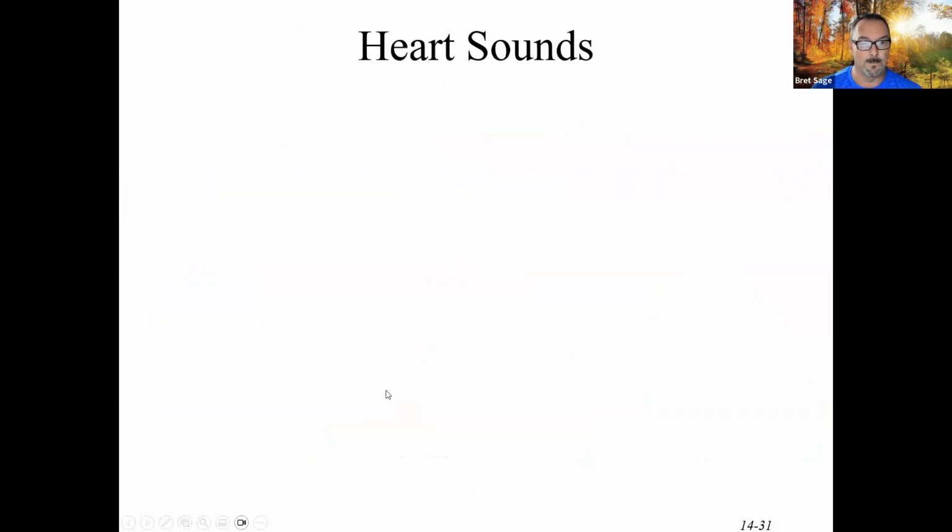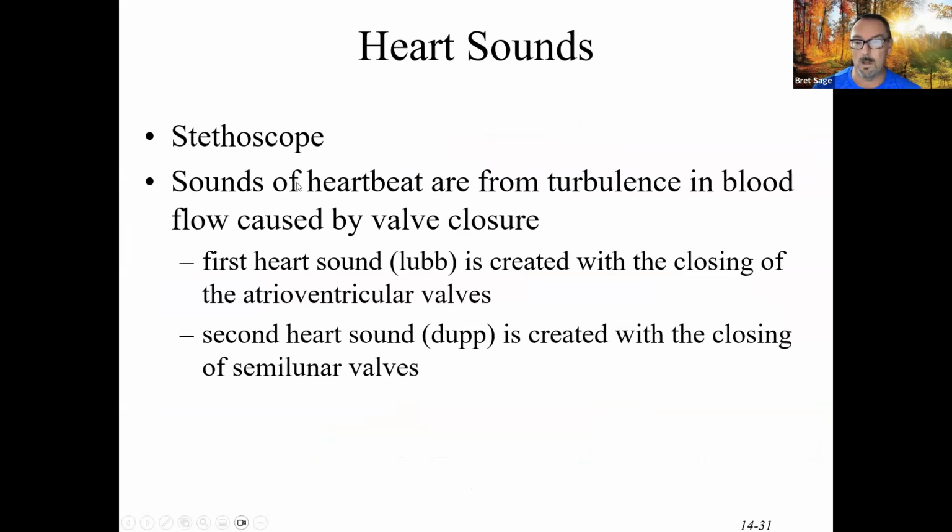Okay, heart sounds. You guys have heard of lub-dub, or this a heart sound? Well, a stethoscope is what you use to hear those heart sounds. The sounds of the heartbeat are from turbulence in the blood flow caused by valve closure. Now, what you're hearing in heart sounds is not the beating of the heart, interestingly. It's the sound of the valves closing.